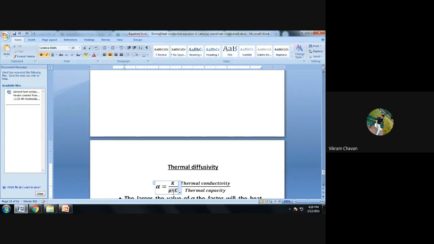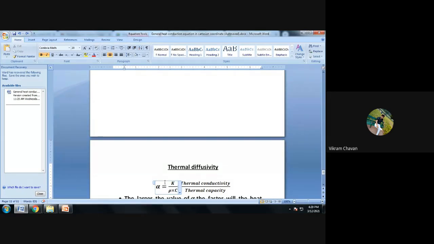Now we are combining these two things in one part, which is called thermal diffusivity, signified as alpha.